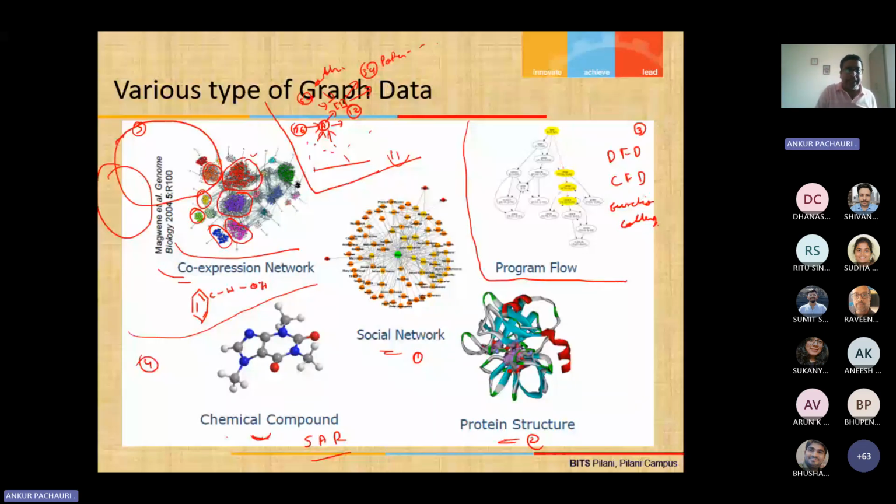So this is my area A, this is my area B of research, this is my area C of research. They may be disjoint, they may be interconnected. I just don't want to confuse you, but this is how a network can be constructed from anything.